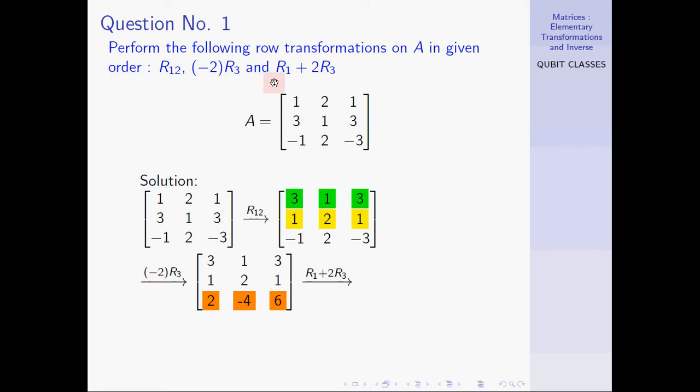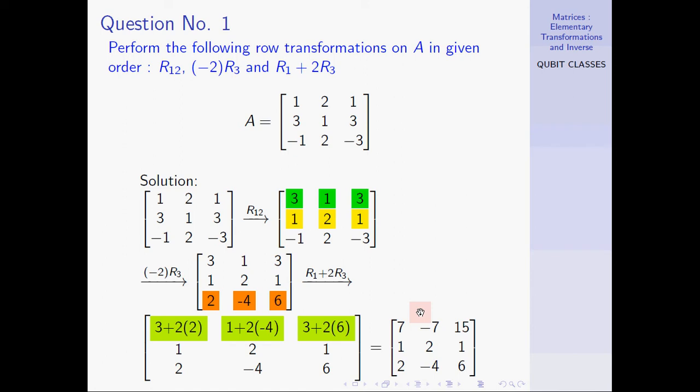Now the third transformation is R1 plus 2R3. The R1 in this matrix is 3 1 3 and R3 in this matrix is 2 -4 and 6. So this operation means we will take an element in R1, consider the first element, which is 3, and to this element we will add 2 into the corresponding element in the third row.